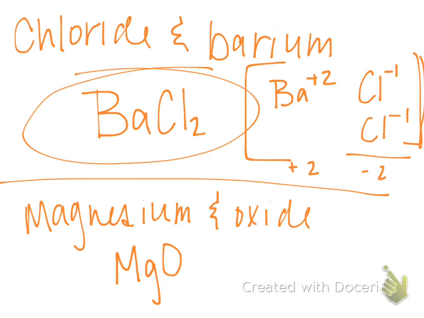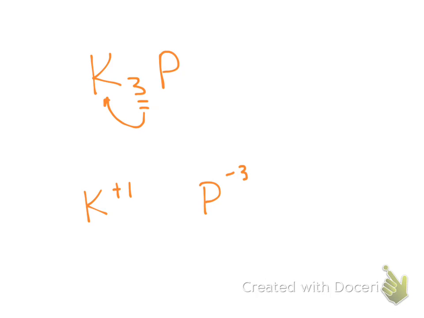Potassium and phosphide, why is it K3P, not KP3? Okay, on potassium phosphide, so let's go back. K3P, we needed just 3 of our potassium atoms, not 3 of our phosphide atoms. Right? Potassium was a +1 and phosphide was a -3.